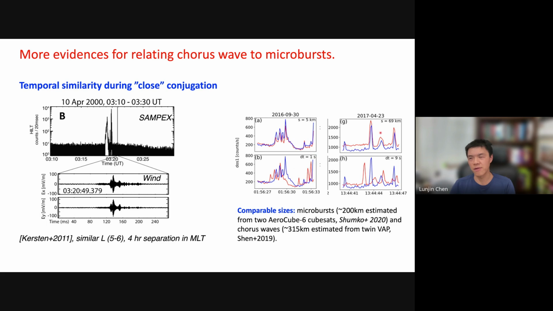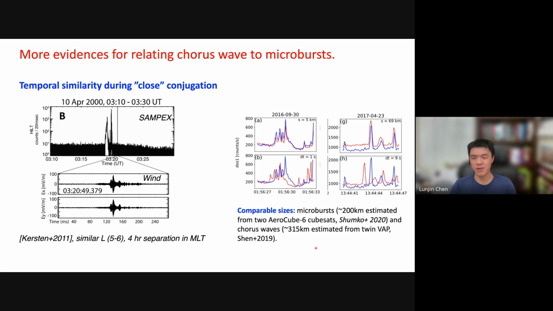And if the two satellites are separated by 60 kilometers, you also see a similar structure. In this different event, the microburst size can be up to 70 kilometers, at least for this case. And in Shumko's 2020 paper, they map the size to the equatorial region, and the average microburst size when mapped to the equator is about 20 kilometers.